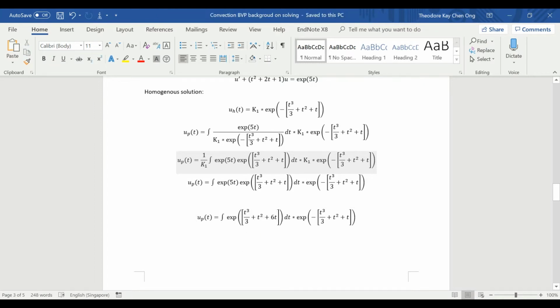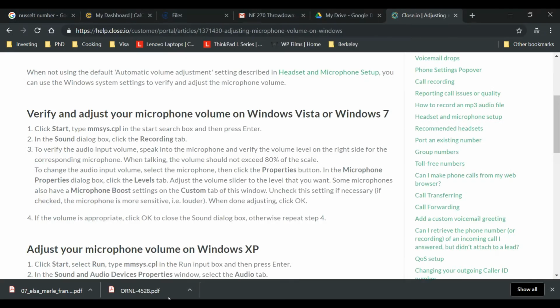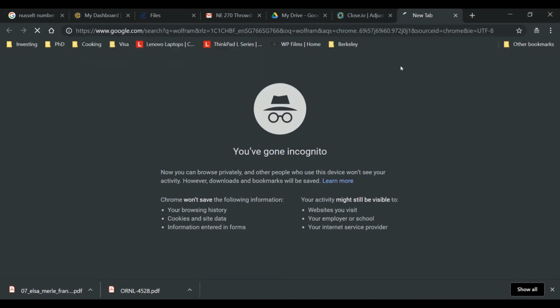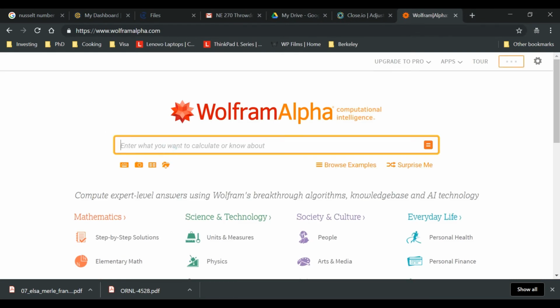It seems difficult, at least for now, but we can do numerical integration or whatever. But the analytical solution I will not be discussing. We can always look at Wolfram to see what it has to say. So let's go to Wolfram. I'm doing it the lazy way.